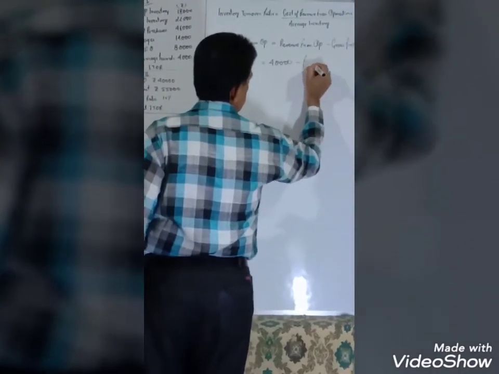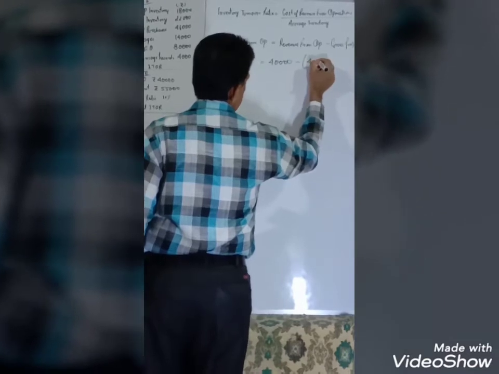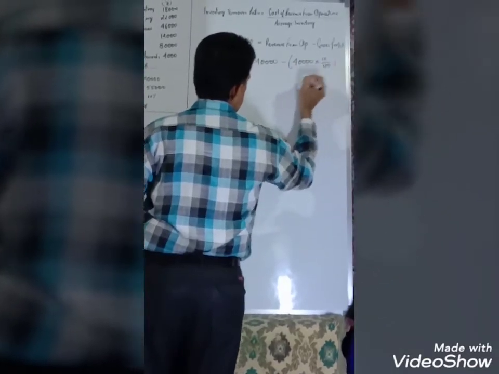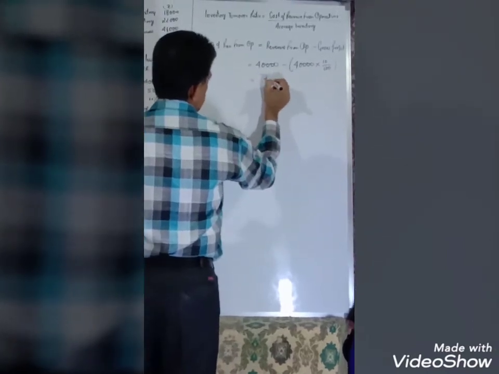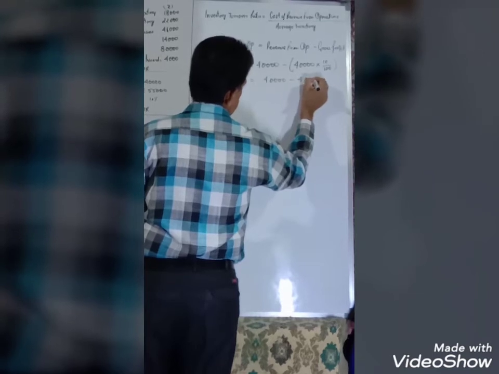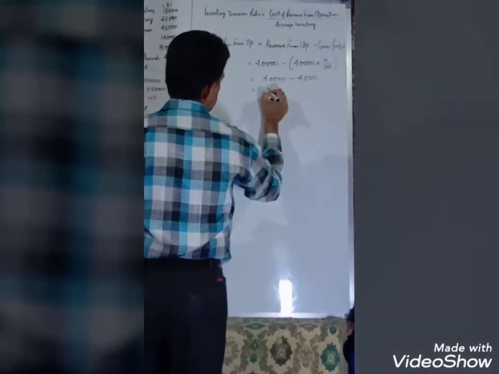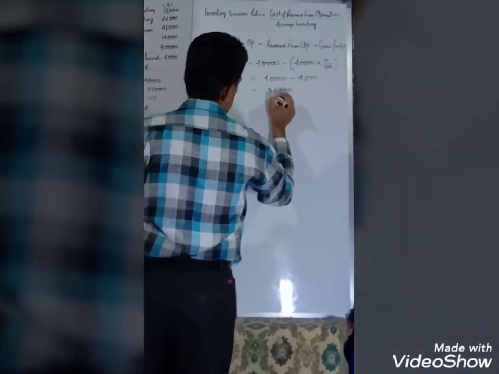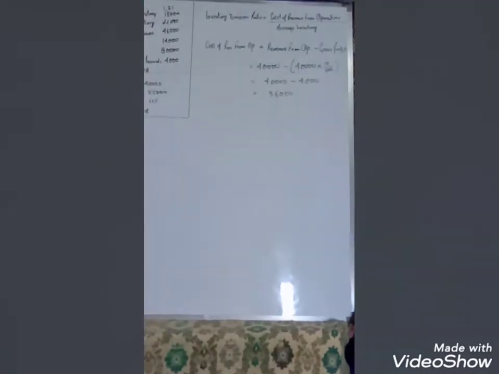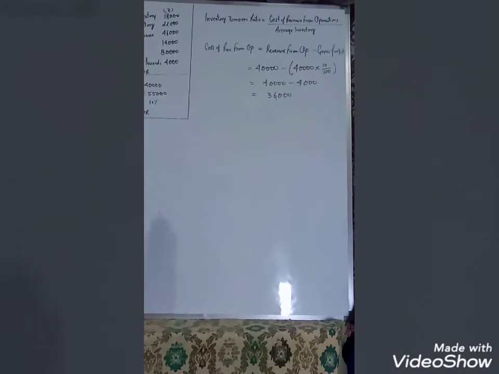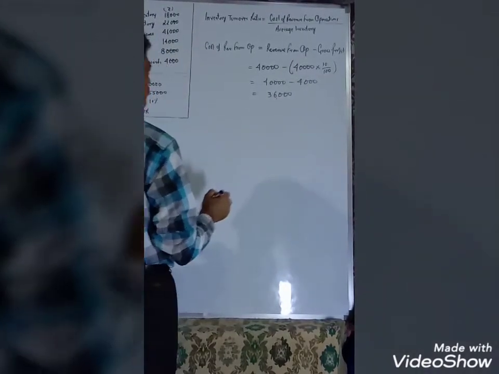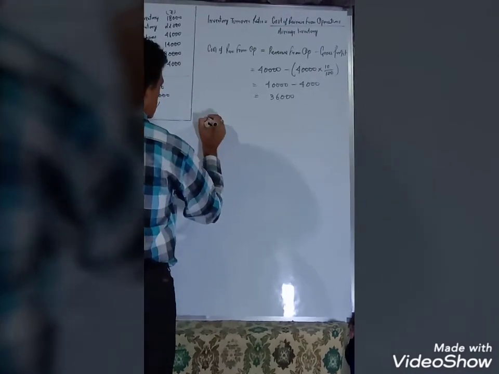Minus 40,000 is revenue from operations into 10%. 40,000 minus 4,000 will become 36,000. Now we got the cost of revenue from operations rupees 36,000. On the basis of this information, we may calculate inventory turnover ratio.